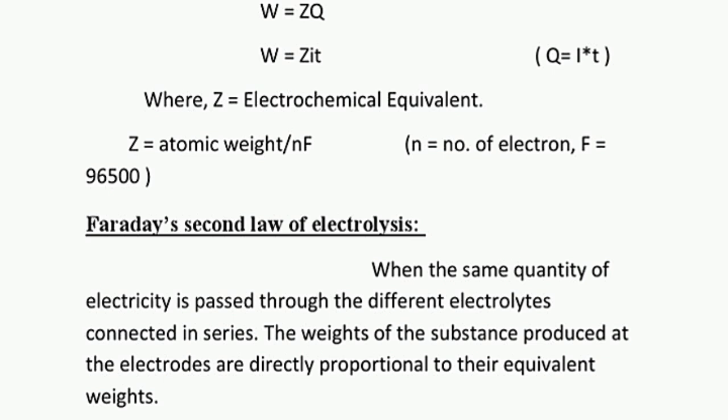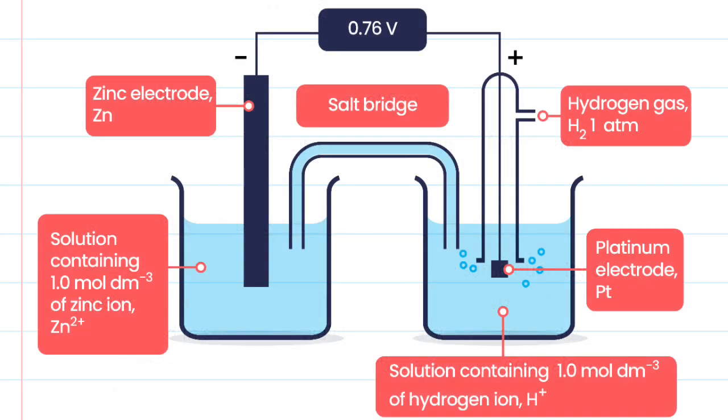Right? Now we move to electrode potential. Now, when a metal is dipped into a solution of its own salt, the reduced form of that metal and the oxidized form of the metal come together. They come in contact. Like if a zinc rod is dipped into a solution of its own salt, zinc sulfate, we'll have 2 possible tendencies.